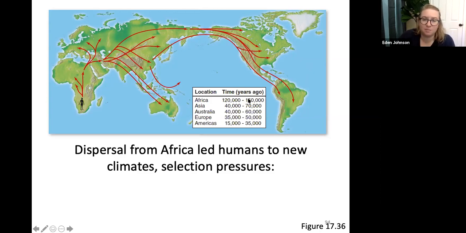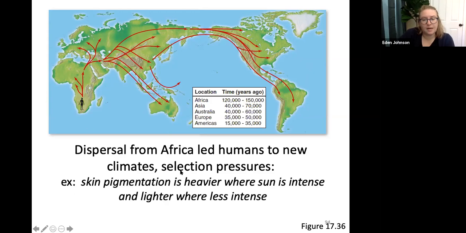And you can see this more or less timeline. This is 120,000 to 50,000 years ago. We actually have fossils from Ethiopia that were dated to 160,000 years ago for this old Homo species.